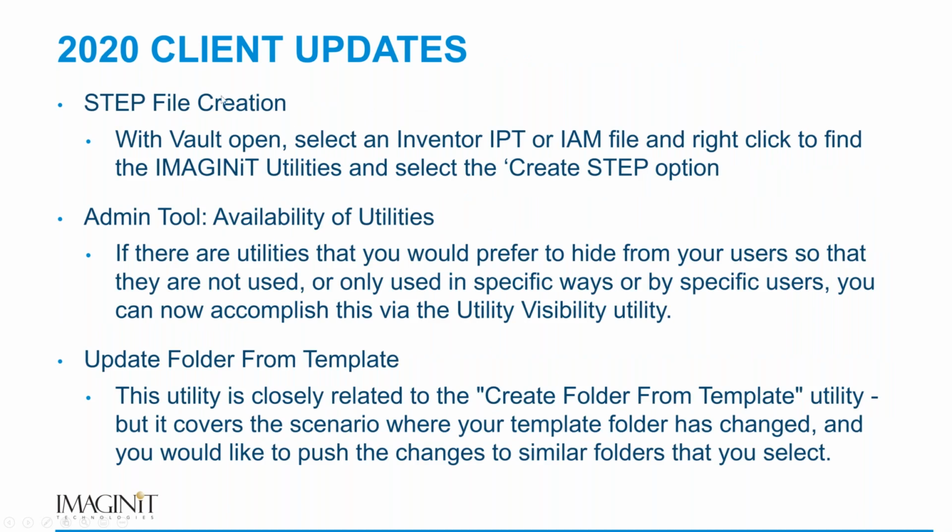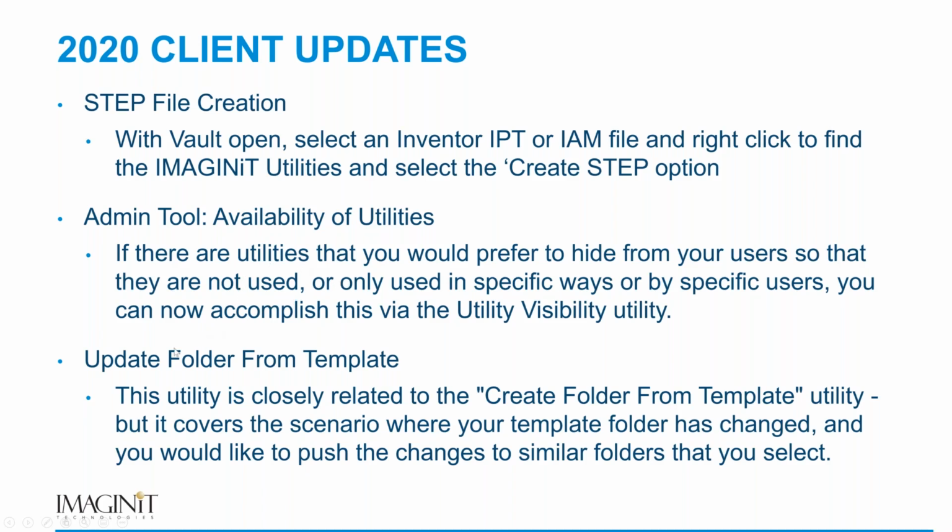2020 added the ability of doing some STEP file creation. A lot of customers want to step out and send it to a machine, CNC, or submit to a customer. We can do that through our utilities. We can hide utilities. So if you're not utilizing all of the options you get with our client utilities, as an admin, we can go in and hide some of those from our users.